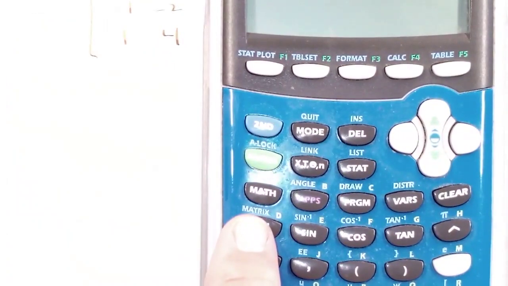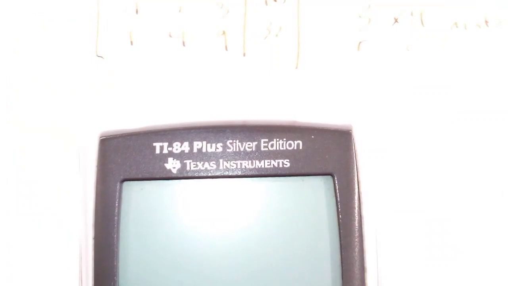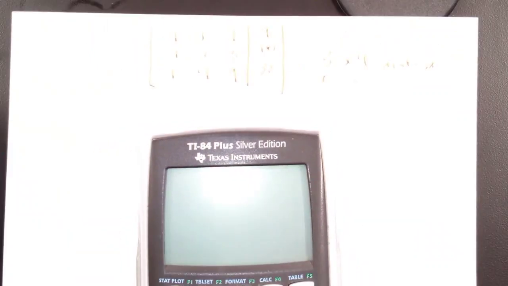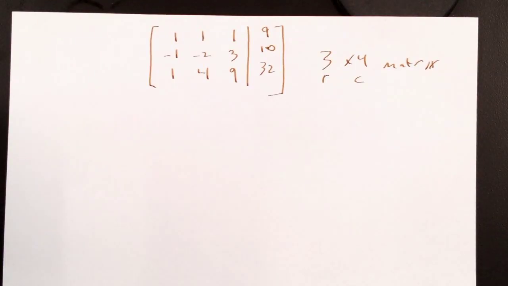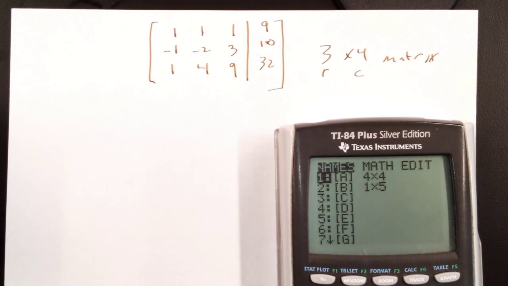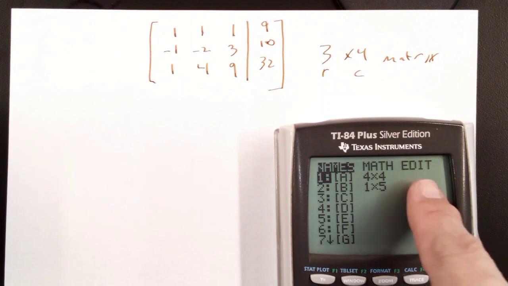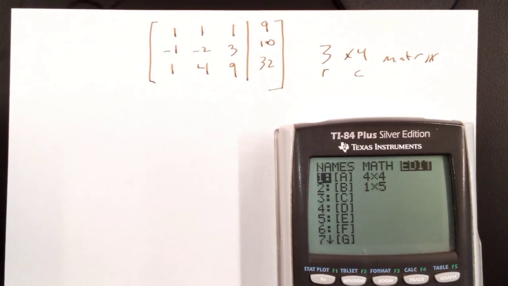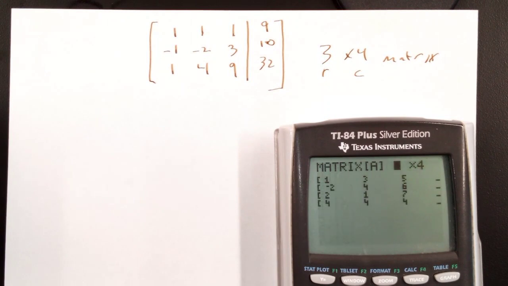I hit that button, and it gives me a list of matrix options. I want to edit a matrix. So I'm going to go to edit, and I'm going to edit this first matrix. The first thing it asks me is, how big is it? The matrix that's in there that I used last was 4 by 4. But I want a matrix that's 3 by 4.